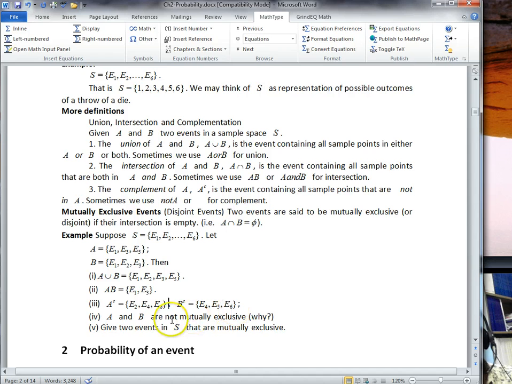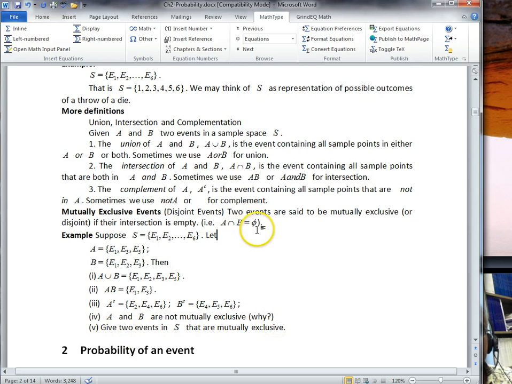Okay? Now question, are A and B mutually exclusive? Well, I look at the intersection and it has 2 elements in it. So they are not. If there's nothing, the notation for nothing is phi. So that means there's nothing in there.